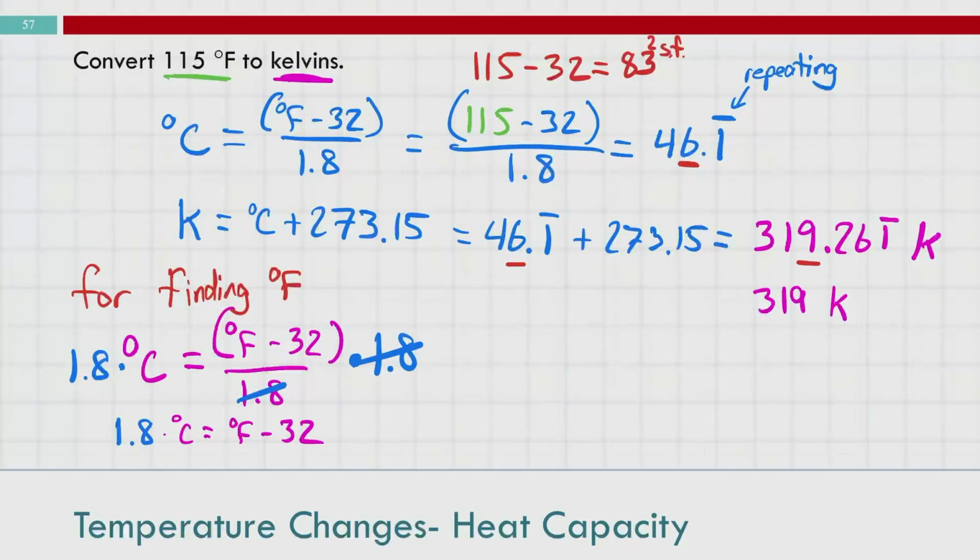And now we can move the 32. So add 32 to both sides. The 32s cancel on the right side. I'm going to flip them left and right. So degrees Fahrenheit equals 32 plus 1.8 times degrees Celsius.